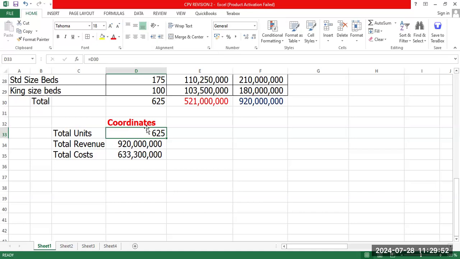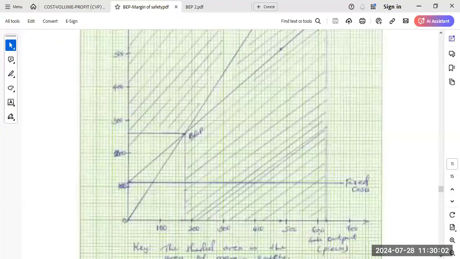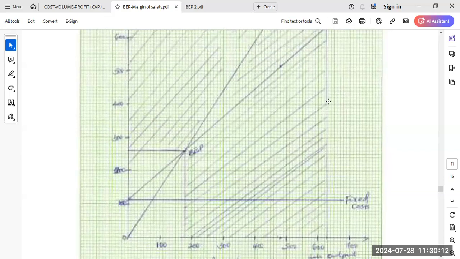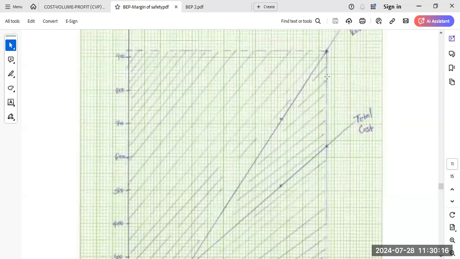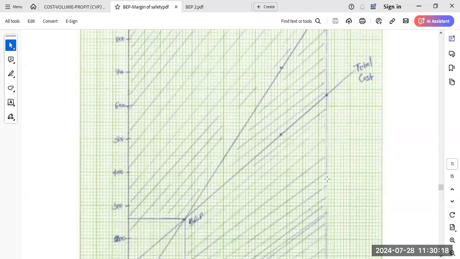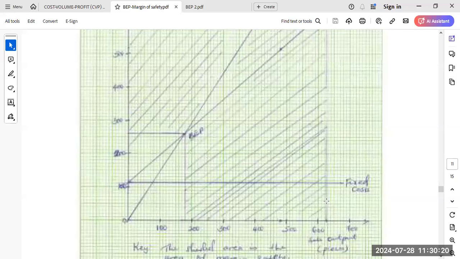Then you put a vertical line where you have 625. That's what you see here. This is 600, and based on my scale, I assume that 625 is around here. You see this vertical line. You should start with this vertical line on your graph.